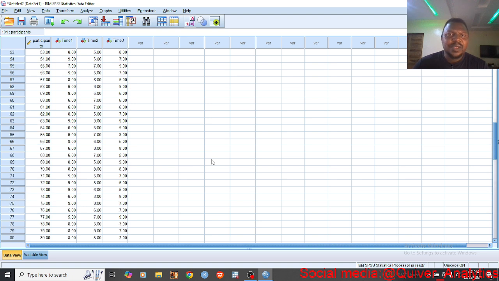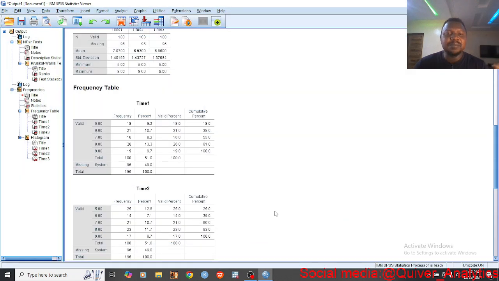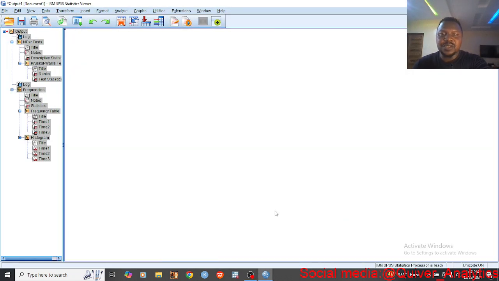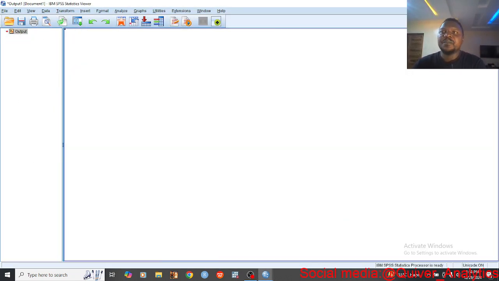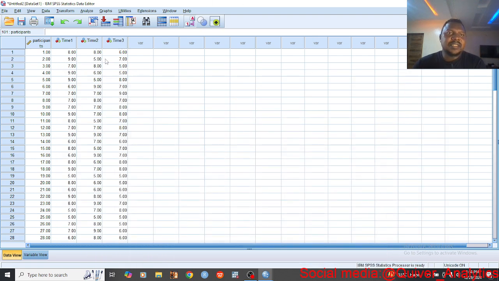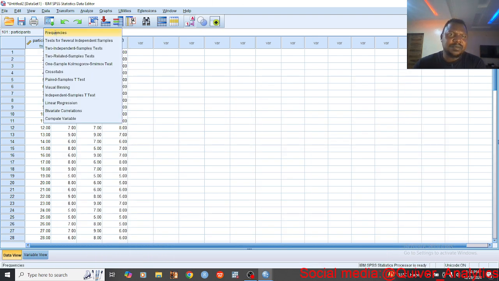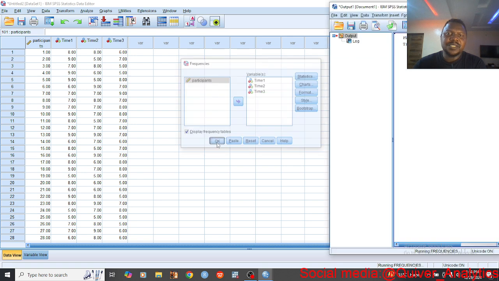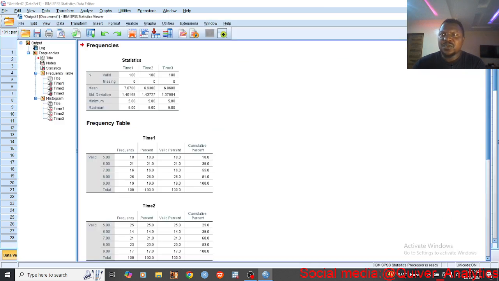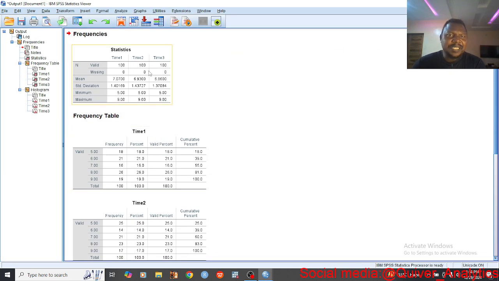I've used previous data that was longer than the current one, so that's why it's saying those spaces are missing values. So frequencies, and run this again. So you can see we don't have missing values anymore. 0, 0, 0. Now the minimum is 5, the maximum is 9.